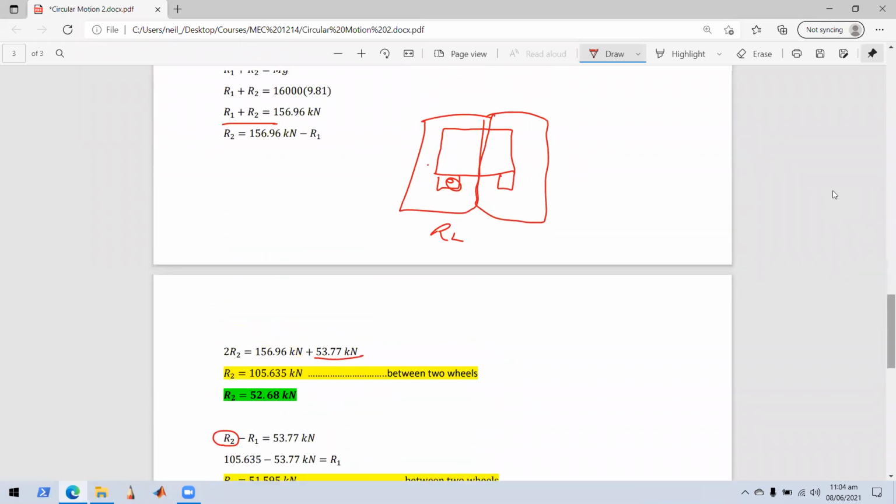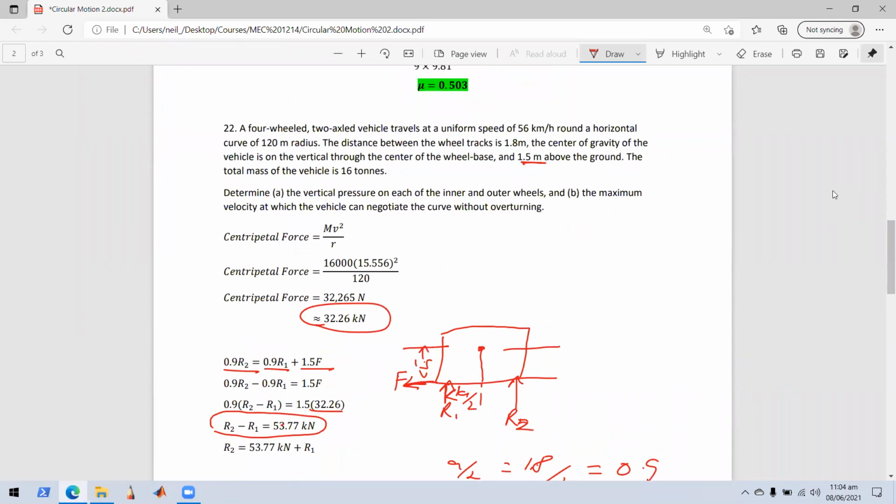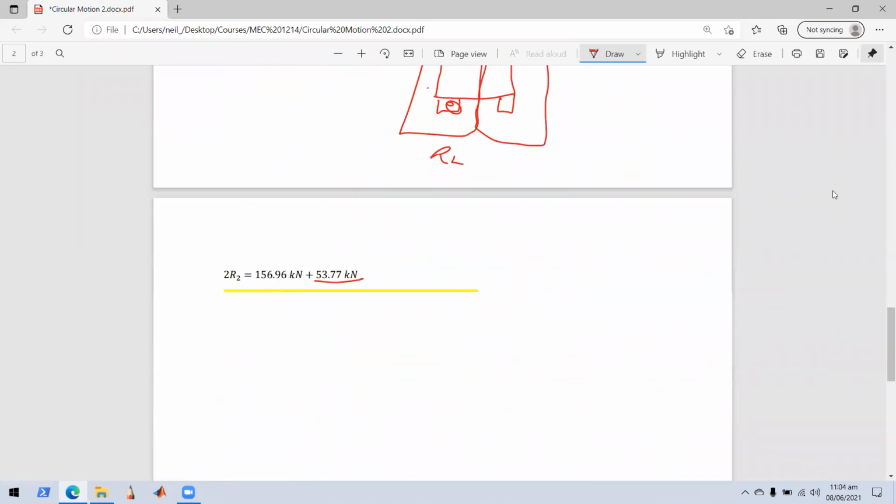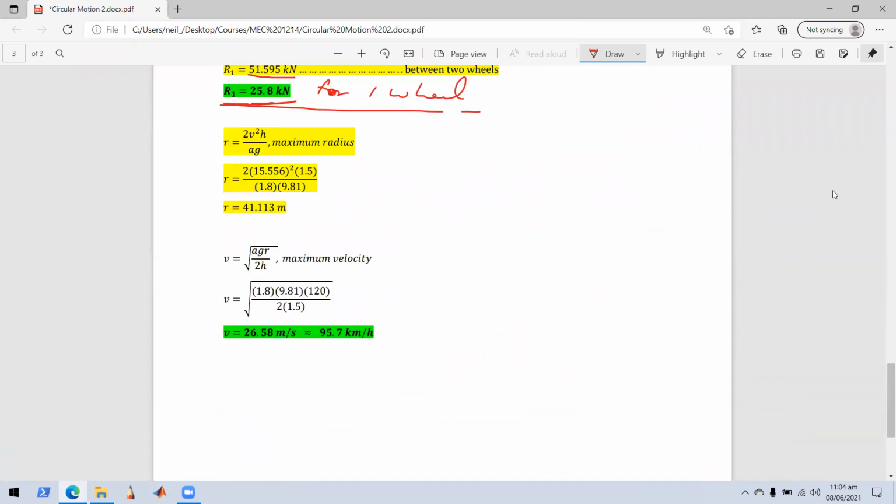Now, the question also asks, besides the vertical pressure on the inner and outer wheels, the maximum velocity at which the vehicle can negotiate the curve without overturning. So we have everything for this curve. Our max velocity formula, V is equal to the square root of (h times a times g times r) divided by 2h.